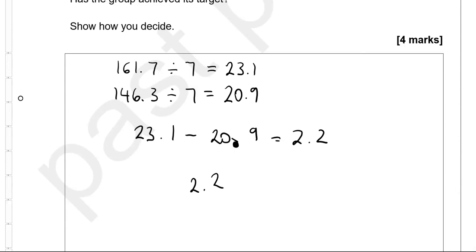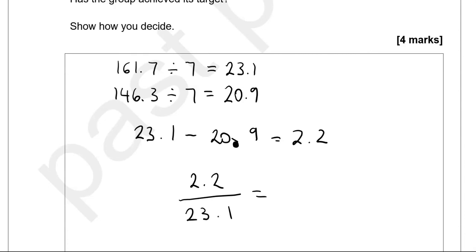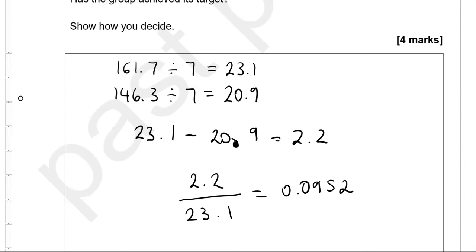So 2.2 out of the original value, the week 1 value, which is 23.1. Doing it using a calculator, 2.2 divided by 23.1 gives us 0.0952 and so on.